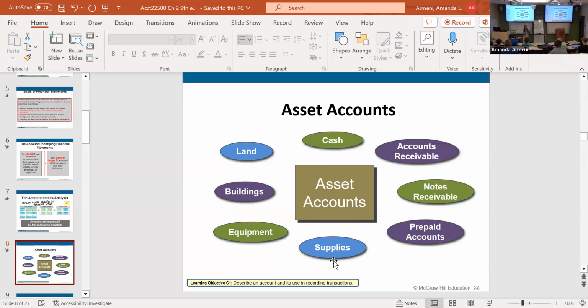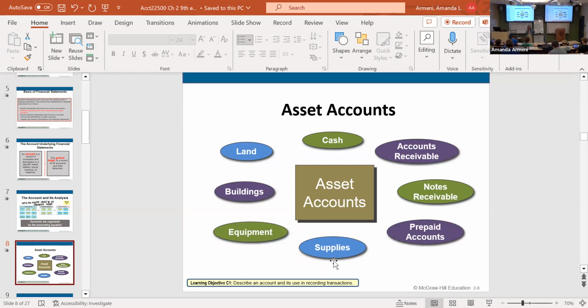We make the payment on September 1st, and it's covering a future period of rent. That is going to be called prepaid rent. That's an asset because we own it, we paid for it, and we're going to benefit from it. We get to use that office space for the whole month of September. We pay for it on day 1, and we get to use it for the whole month. Prepaid rent. Are you with me?